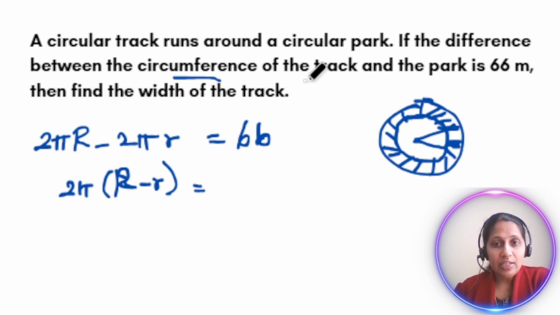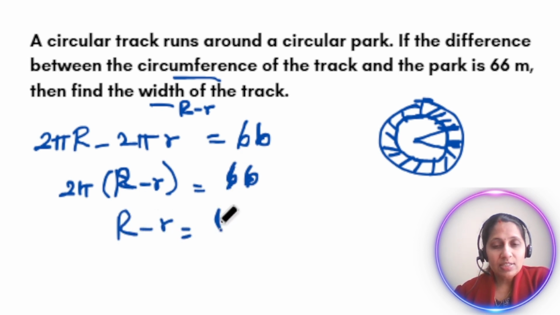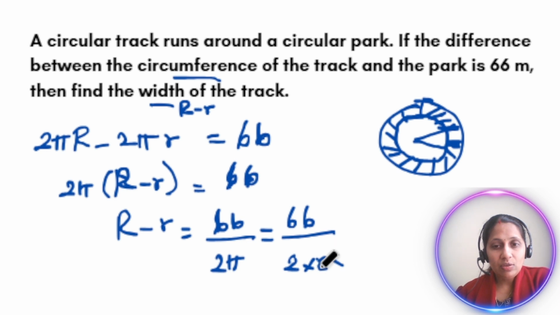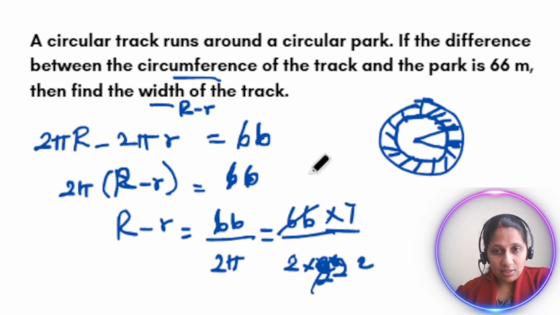So we need to find capital R minus small r only, right? So 66. So R minus r equals 66 by 2 pi. Substituting the value of pi, which is 22 by 7, the 2 into 22 by 7 goes to the top. We will cancel at the 22 table itself.